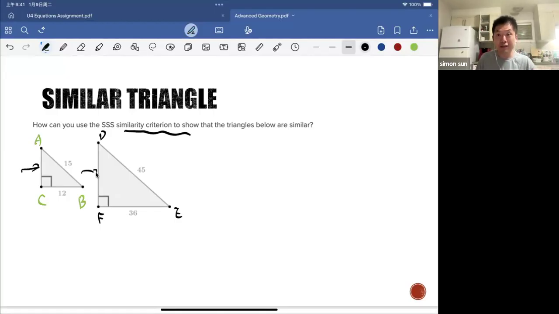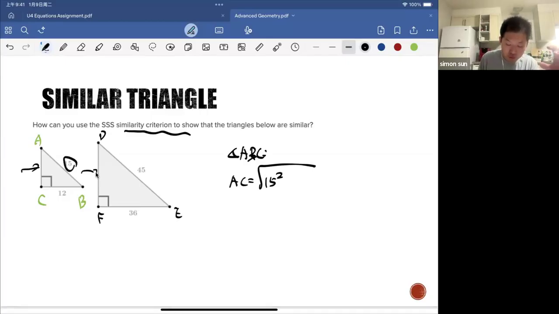Because this is a right triangle. For example, in triangle ABC, we can get the side length BC according to the Pythagorean theorem. It is the square root of 15 squared minus 12 squared. In right triangles, we have a squared plus b squared equal to c squared.